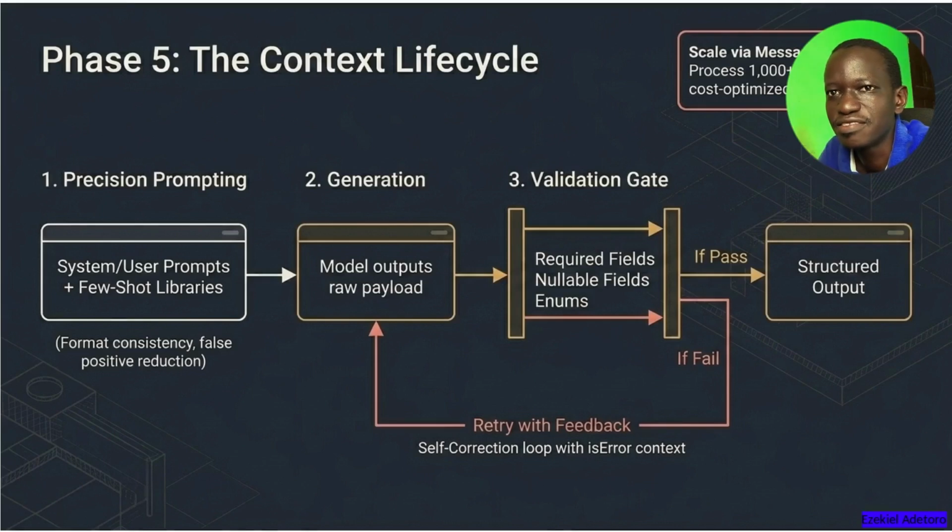And next in phase 5, we consider the context life cycle. We look at precision prompt generation, validation gates, model output and raw payload, structured output, system and user prompts, few-shot libraries. Then we also consider the difference between system and user prompts so that you understand what the difference between the two is.